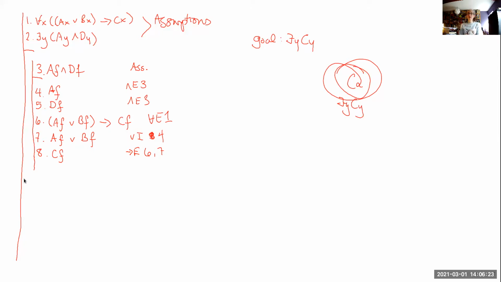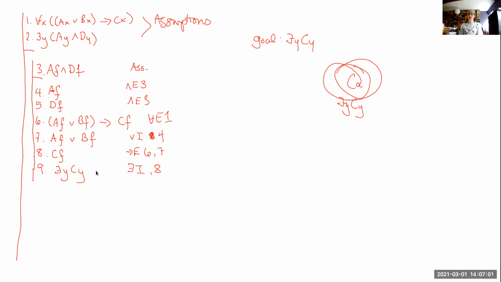So I don't want to be able to come out here and say, apart from that assumption, I know that F is C. No. All I know is that something is C, whether or not it happens to be F. So if I do my existential introduction on line 8, now all of a sudden I have a formula where the constant that I introduced at line 3 doesn't occur in any other assumption other than the one at line 3.